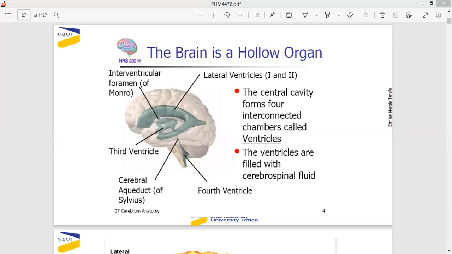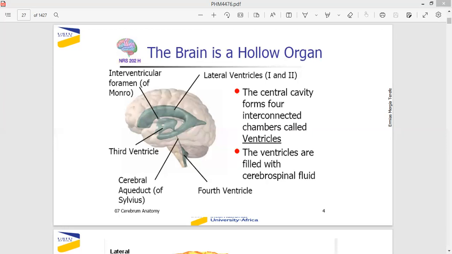Let me just display this diagram, which will help. Okay, I'll share the diagram. So the CSF simply comes from blood.